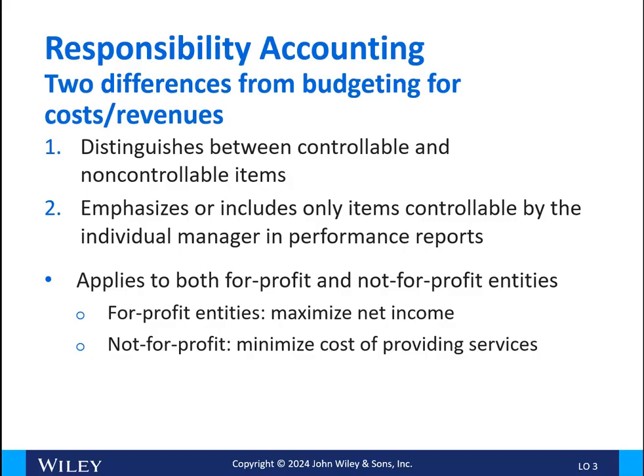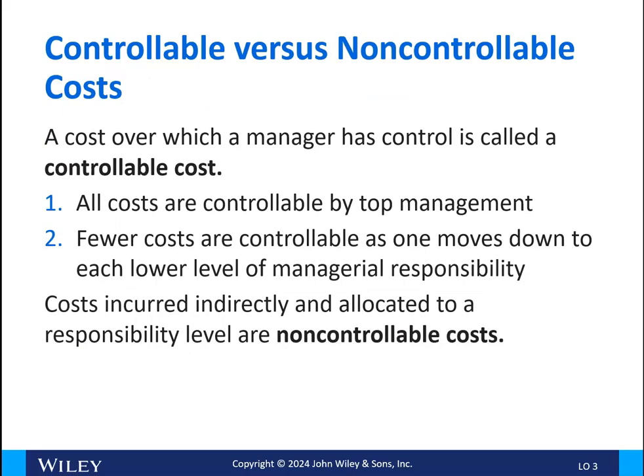Now, we said we're going to distinguish between controllable and non-controllable items. So what exactly are those? A cost over which a manager has control is called a controllable cost. All costs are controllable by top management. So the president, CEO, and board of directors control everything. Fewer costs are controllable as one moves down to each lower level of managerial responsibility.